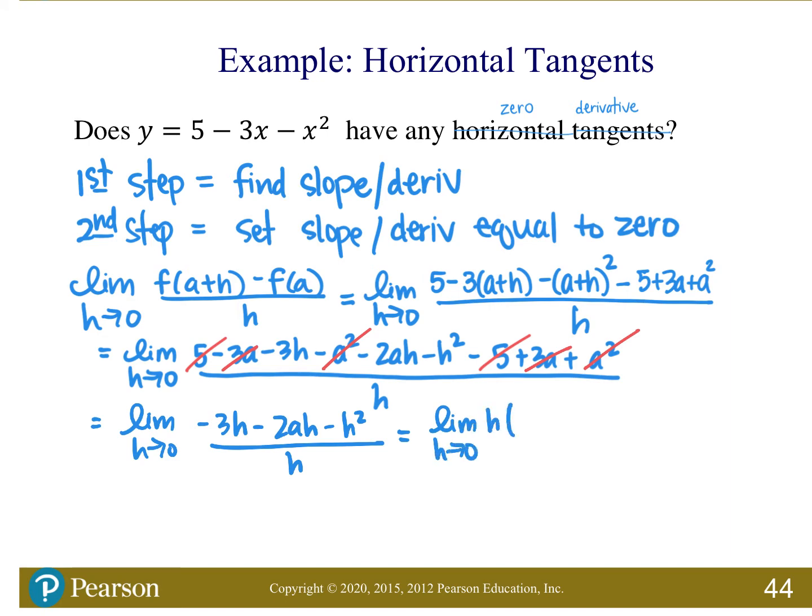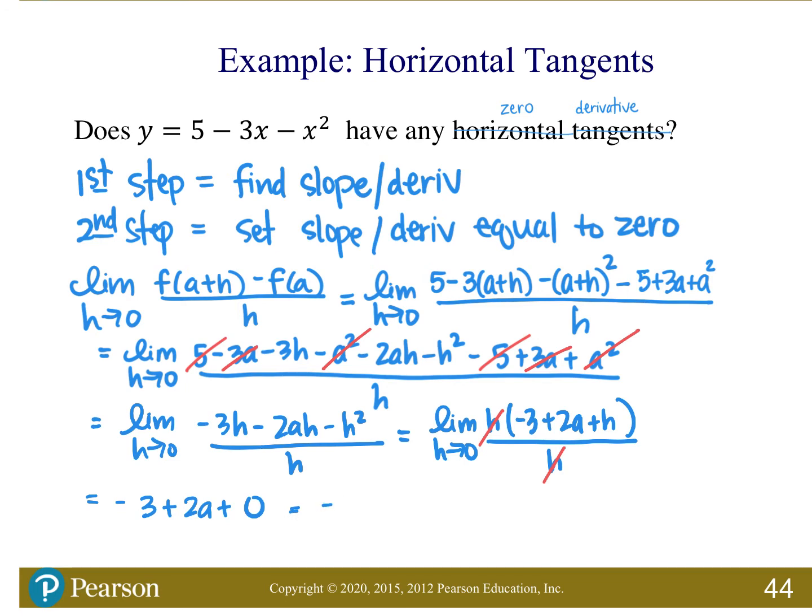So that h can factor out and reduce. So when I take the h out of all the terms, I'll have negative 3 minus 2a minus h all over h. So now the h's reduce. So my top h reduces my bottom h. And I'm left with negative 3 minus 2a minus 0, which I plug in.